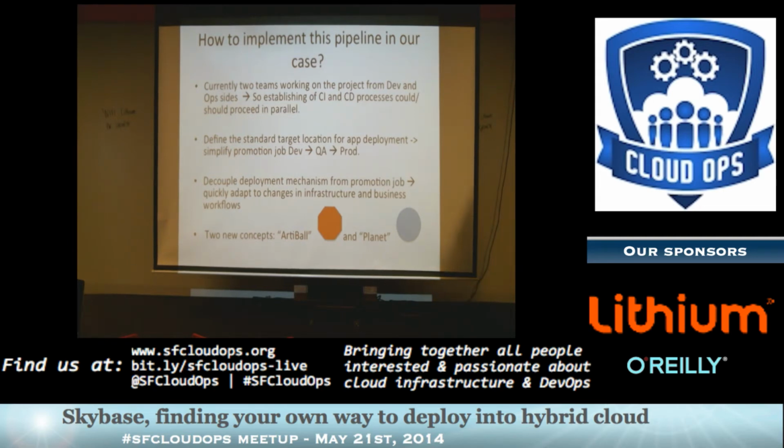We have hybrid cloud situation when it's OpenStack, private cloud, or it's public cloud in Amazon. And if we have all these environments created manually and differently, then we will be dead just to maintain the different configurations for all different environments. So definition of standard target location for deployments is the only way to simplify the configuration management as we see it.